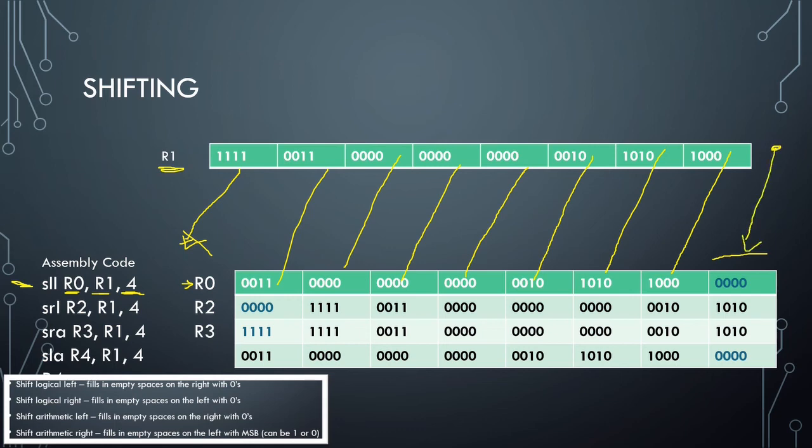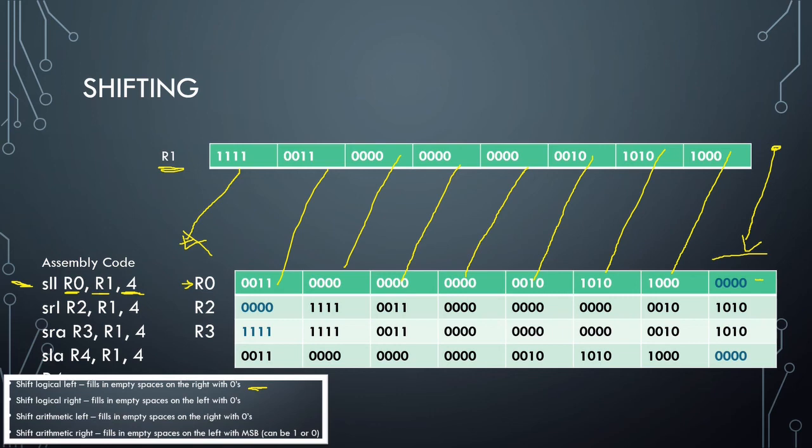So based on the laws of shift logical left, we fill this empty space with zeros. And so we have a different number, right? By shifting everything to the left, we've essentially multiplied the number. But depending on how many significant spaces you have, your most significant bits may drop off.